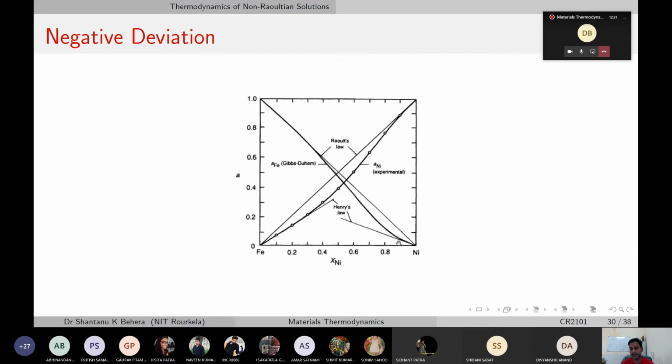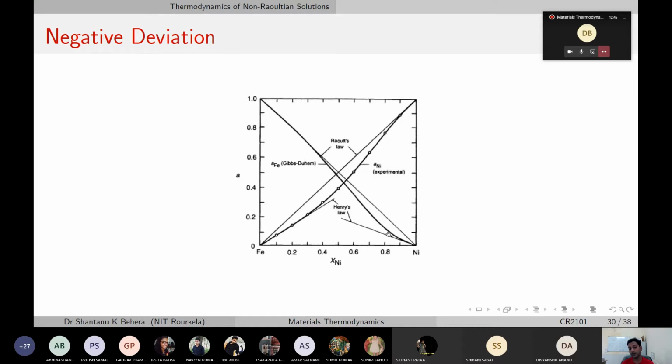Likewise, you could see an even smaller kind of behavior. You could see that the activity of iron, which is in a dilute phase in the matrix or major phase of nickel, shows only a straight line up to 10% of iron in nickel. And beyond that, it sort of comes back.